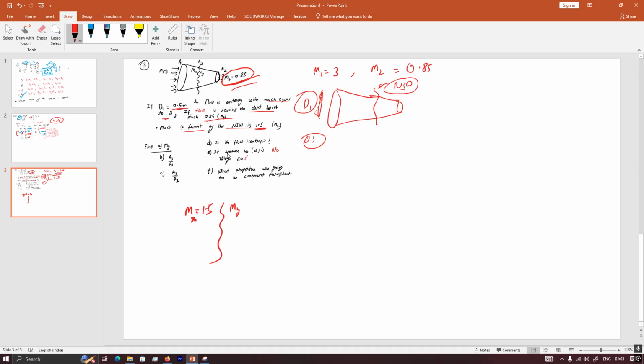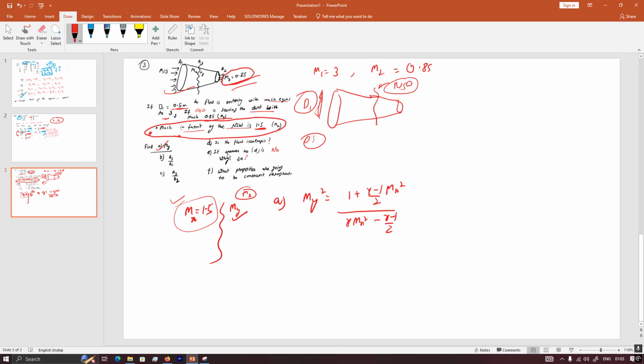Okay, so the question was looking complex, but as we read this part, we can solve question A. What you'll do, the same thing: think of it as Mach after the normal shock wave, which we denote by M2, and this is the upstream Mach for it. So this will become your M1. So My square will be equal to 1 plus gamma minus 1 by 2 Mx square upon gamma Mx square minus gamma minus 1 by 2. Right? So now you'll just put 1.5 in this place.